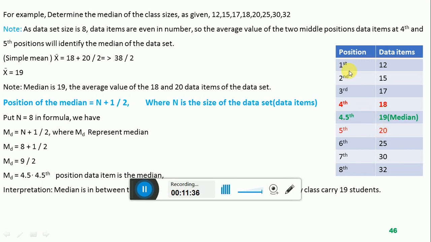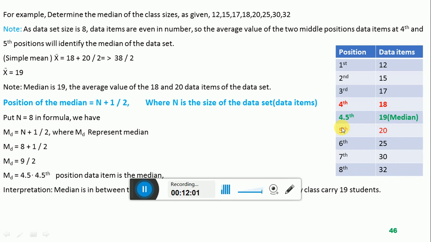You can check: first, second, third, 3 data items are above the fourth and fifth position data items, and 3 data items are below them, 6, 7 and 8. So the fourth and fifth position data items are in the middle of the data set.